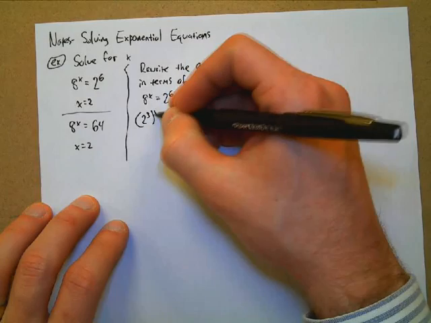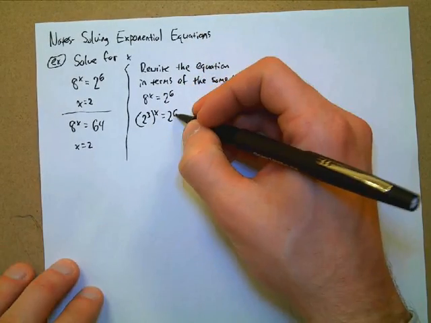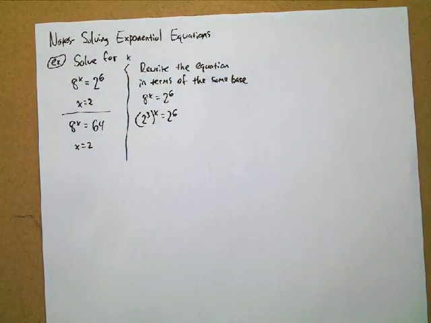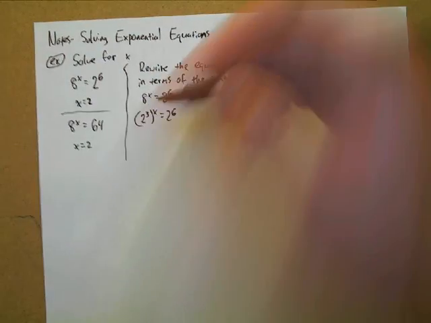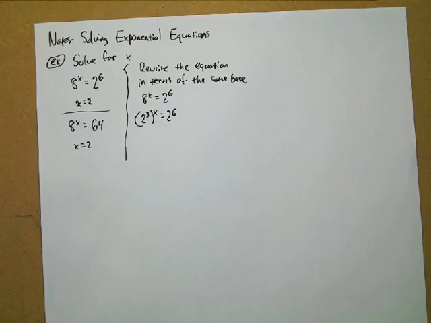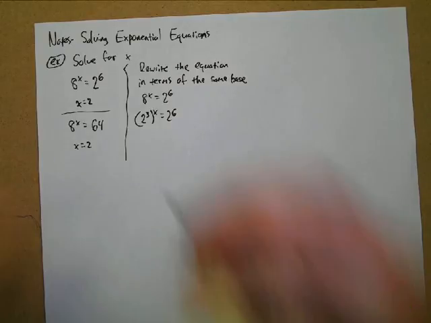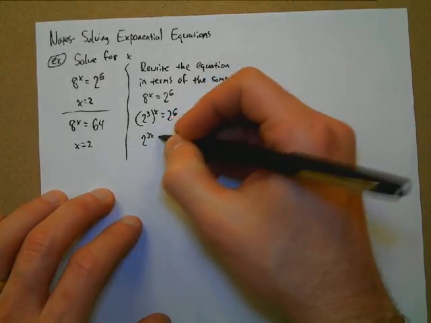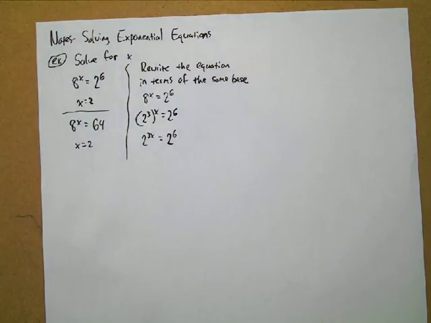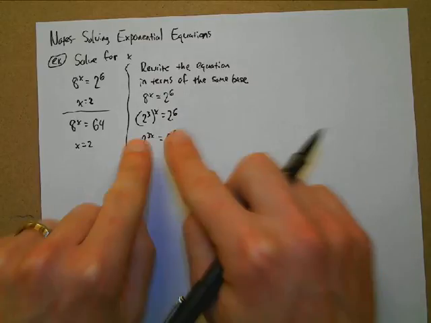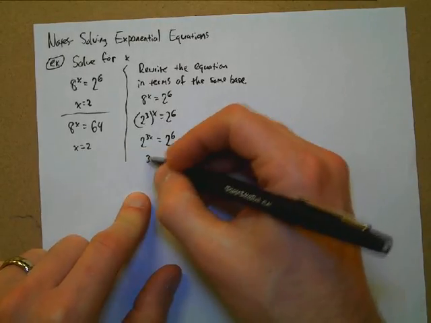Ooh. And of course, when we have a power 3 raised to another power x, how do we simplify those powers? What do we do with them? 2 to the 3 to the x, what do we do? Multiply, so it's 2 to the 3x equals 2 to the 6th. Okay, and again, this is where we've seen that at this point we have the same base, and the two values have to be equal, and so that means 3x just has to equal 6, and so then we divide both sides by 3, and x is 2.